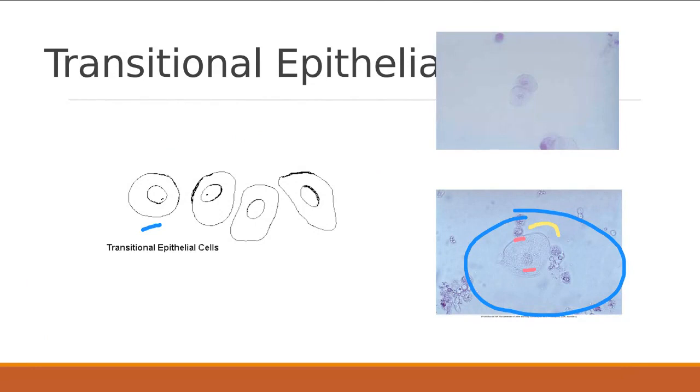These can appear as sheets, which is an overlapping arrangement, but there'd be more of them. That would be considered a sheet, or groups. If you have a lot of that, it can be caused by an invasive catheterization. They're also present a lot in UTIs and in transitional cell carcinomas.